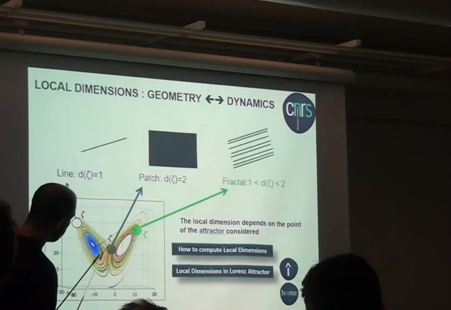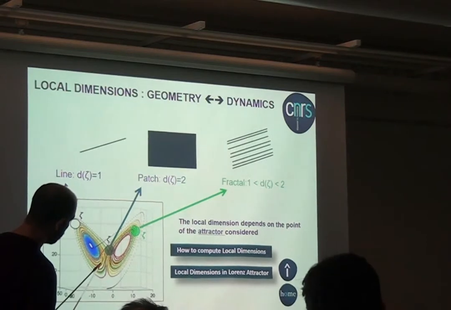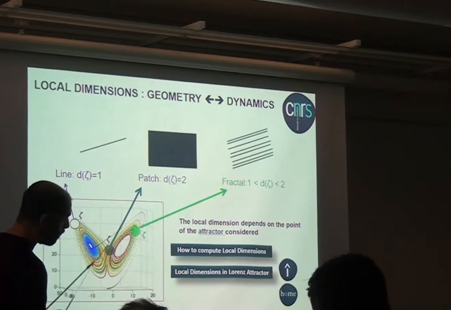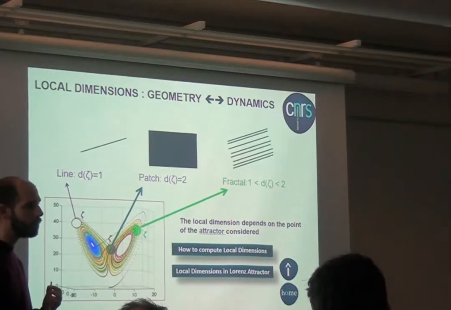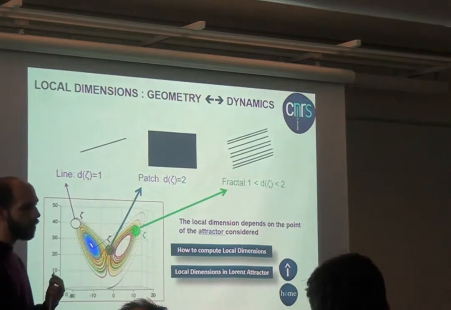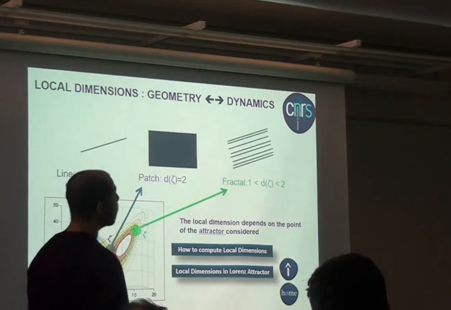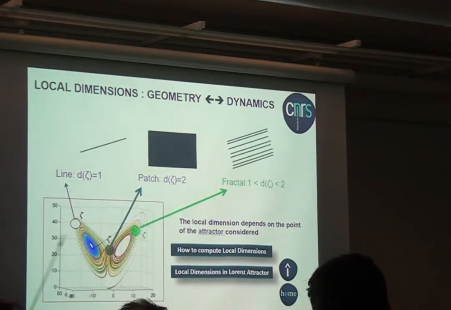So if blue is the beginning of the trajectory, then we have green. You see that at the end of the trajectory it is red, we go again in the same region of the phase space. And this is the same as in the atmospheric dynamics. We observe recurrent patterns. So, for example, we observe storms, we observe blocking, we observe all this kind of phenomena that repeat.